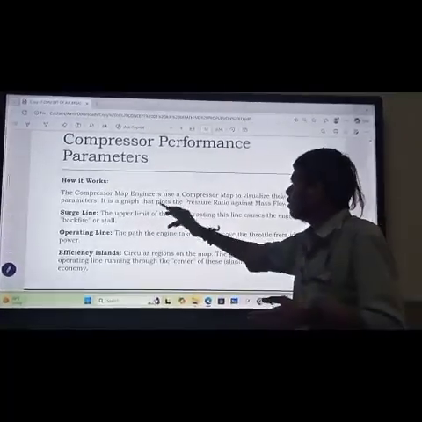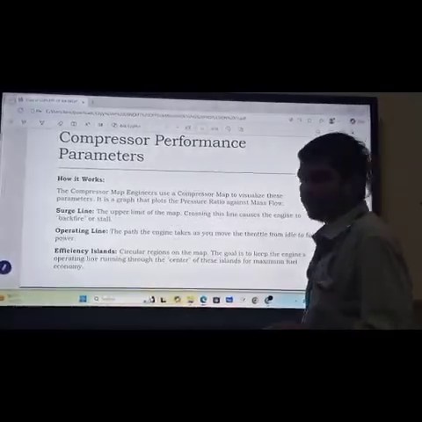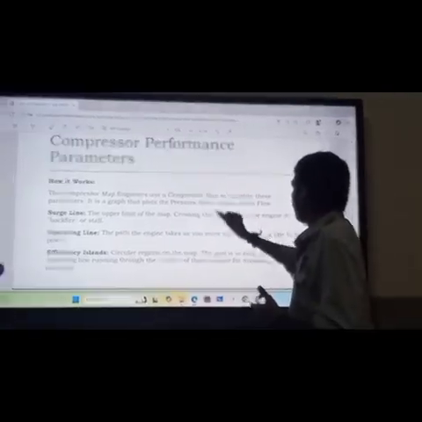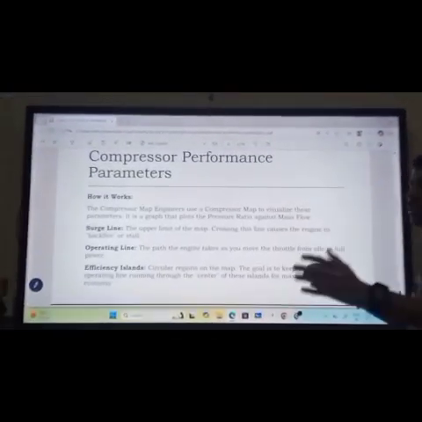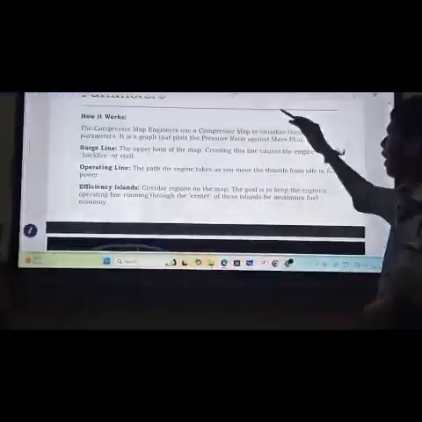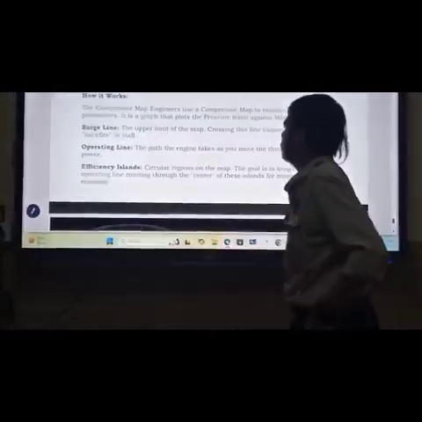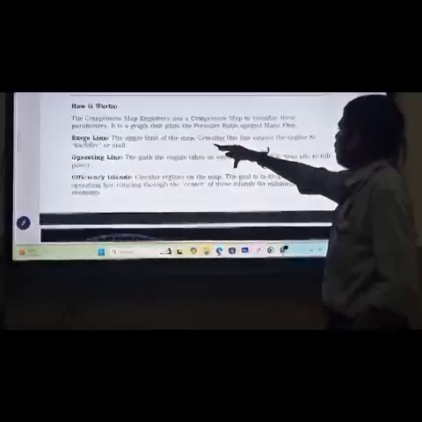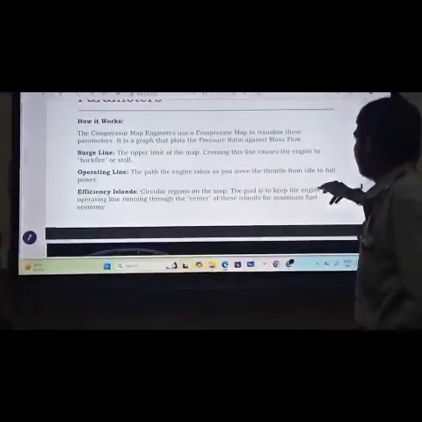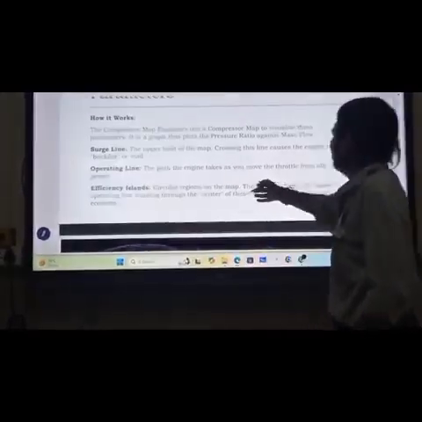So that is how the compressor performance parameters work. Engineers use a compressor map to visualize the parameters, which is a graph that plots the pressure ratio against the mass flow, with the surge line, operating line, and efficiency islands. The surge line is the upper limit of the map; crossing this line causes the engine to backfire or stall.